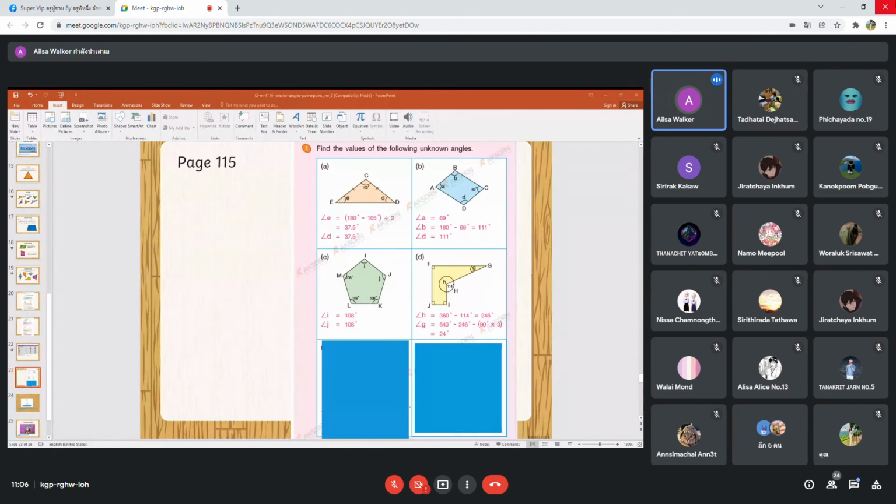Okay, when you're finished, you can close your book. We won't do E and F today. Teacher, I'm not finished. Okay. Tell me when you finish, then I will change the screen, okay? Teacher, finish.